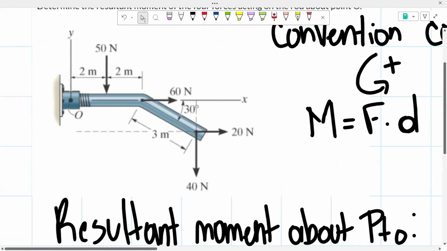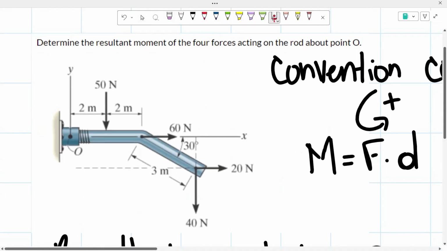Now we're going to proceed to the next force. We have our 60 newtons, which is a horizontal force. But as you could see, this horizontal force is already sitting on this x-axis right here. So in a way, we don't really have to do anything to it. That will simply just be zero.